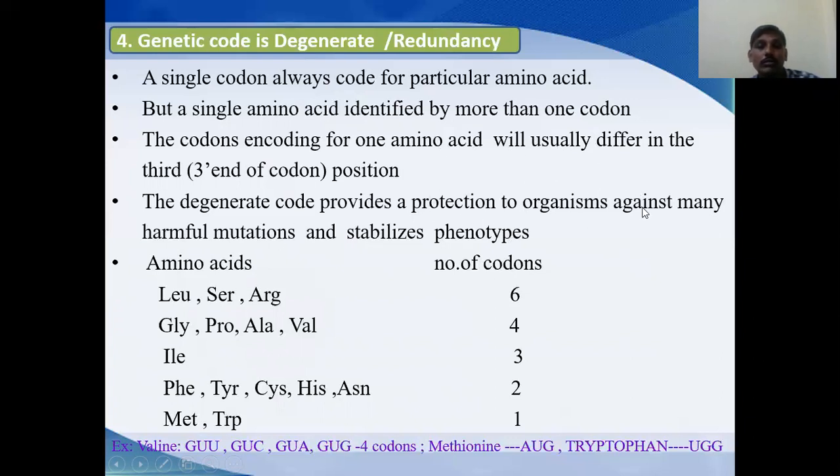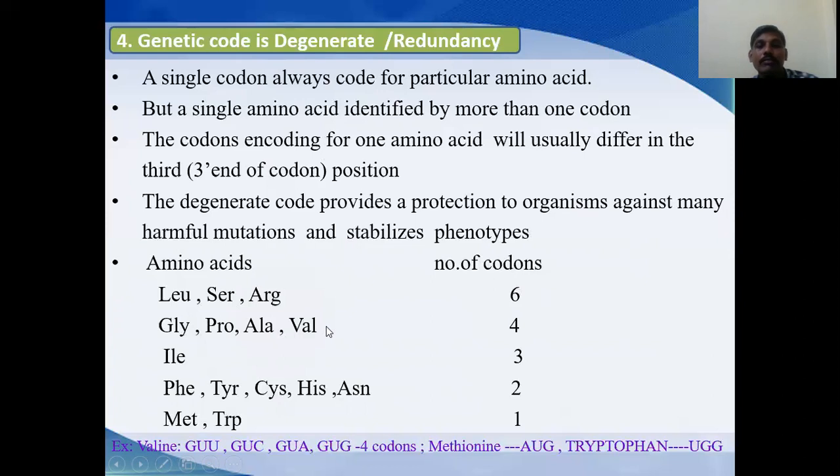Few mutations may occur, but they may not cause any harmful or deleterious effects. So it stabilizes the phenotype and protects the organism against many harmful mutations. So the code is degenerate. Good examples are leucine, serine, and arginine, which have six codons.